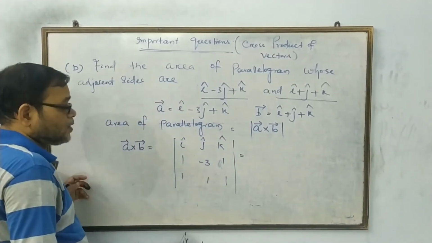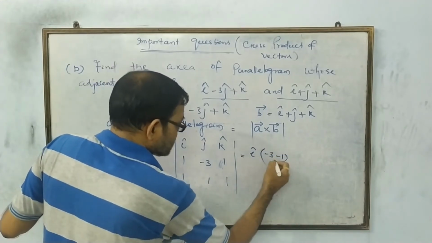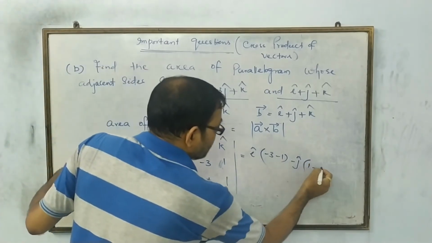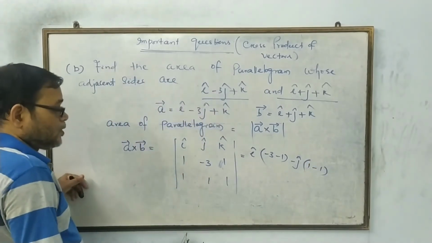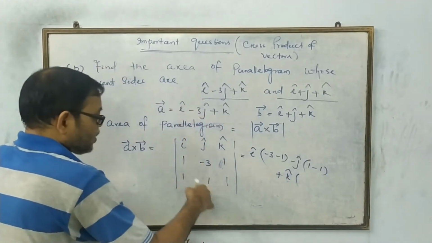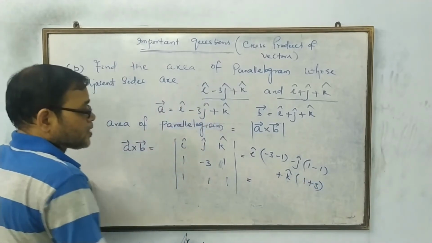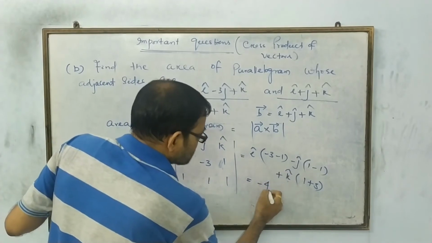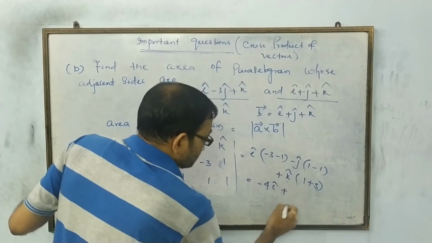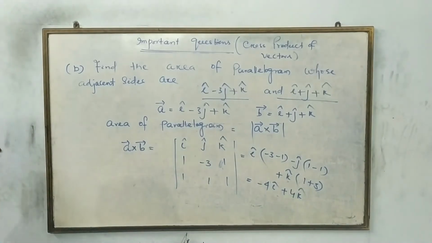Answer is I into minus 3 minus 1 minus j into 1 minus 1 plus k into 1 minus of minus 3. So answer is I into minus 4, minus 4i, minus j into 0, it is 0, plus k into 4, it is 4k. Minus 4i plus 4k, A cross B.